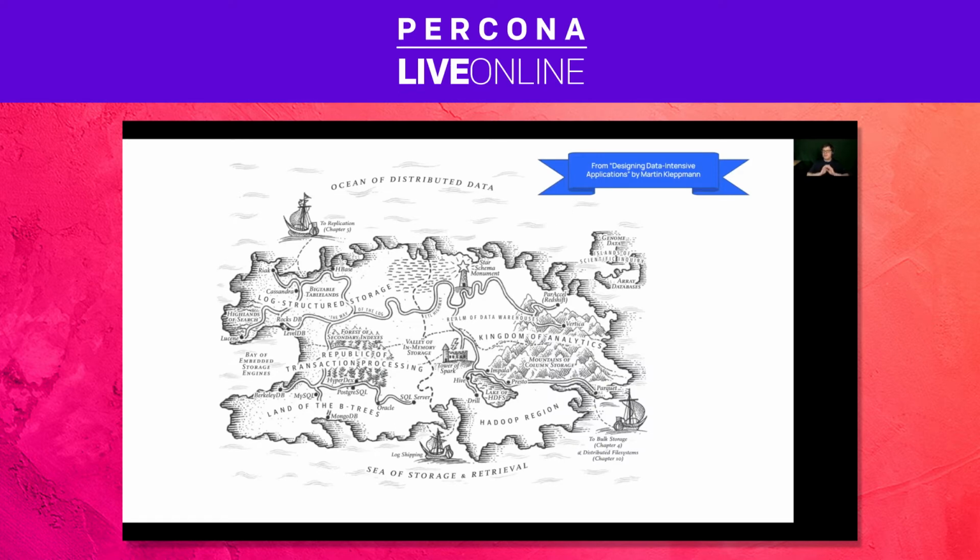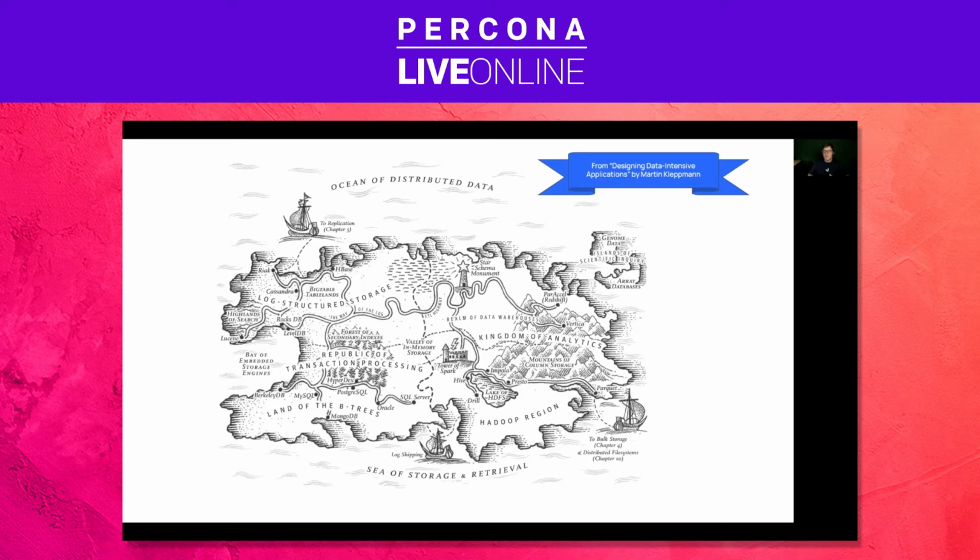Now, there's some really smart folks who have done some really, really good work around how to visualize and classify these different kinds of databases so that people that don't necessarily see this all in color the way that you would if you're working with it every day can start to get a sense of what are the differences between these things, what are the similarities, and how do they relate to each other.